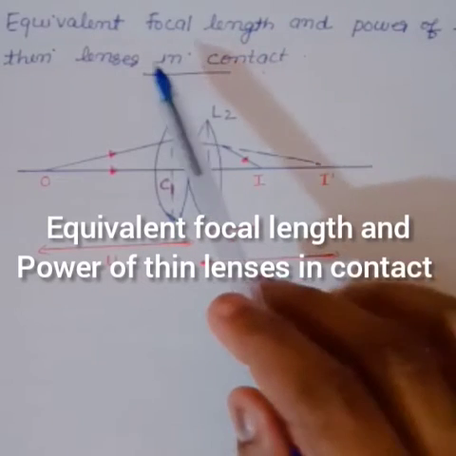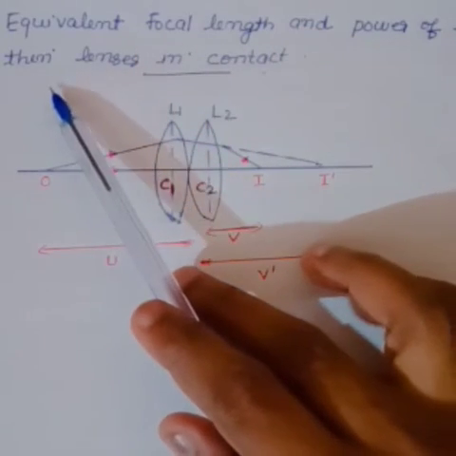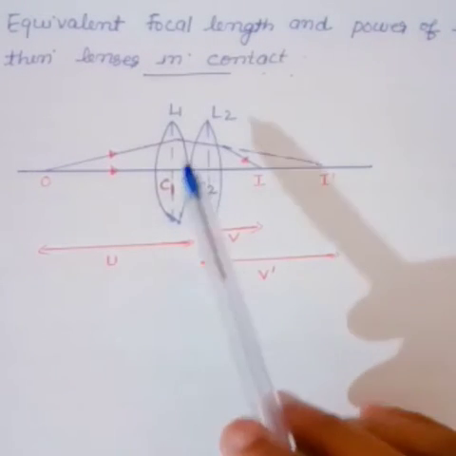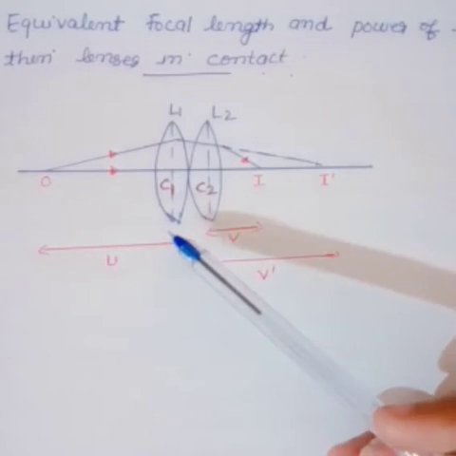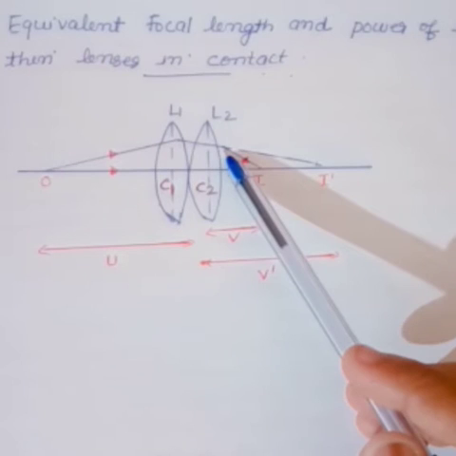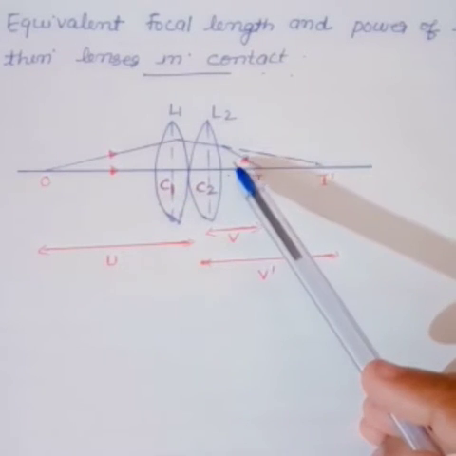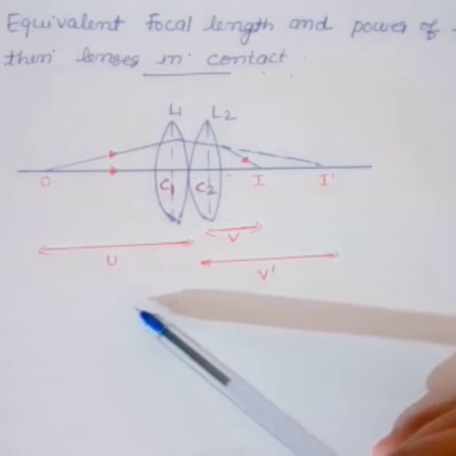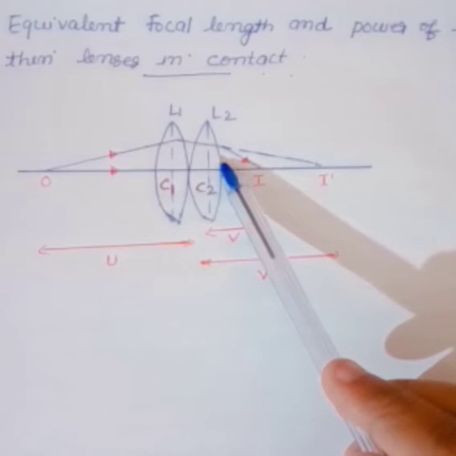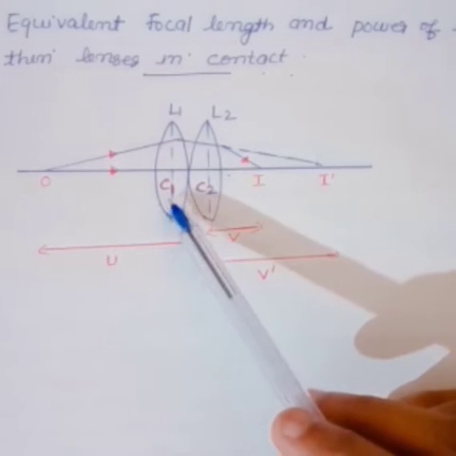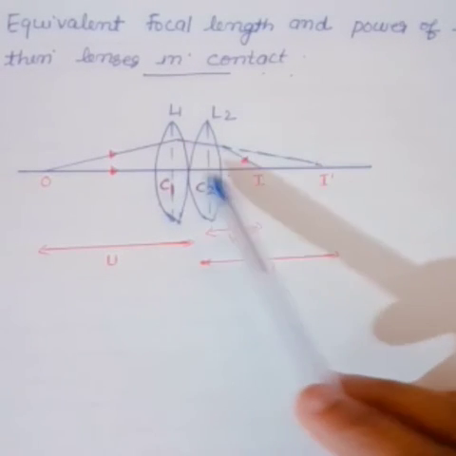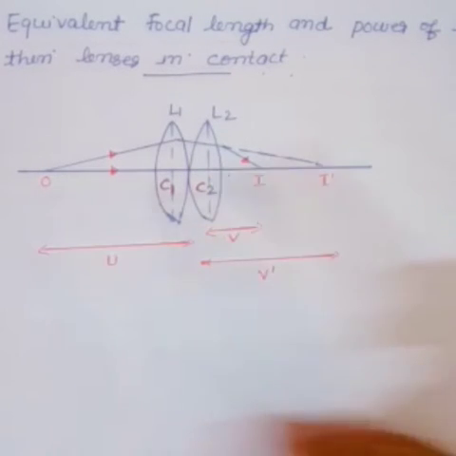The next topic is equivalent focal length and power of two thin lenses in contact. You have to find the equivalent focal length when two or more lenses come in contact. Here I am considering only two lenses, L1 and L2. Let L1 and L2 be two thin lenses of focal lengths f1 and f2 respectively, placed coaxially in contact with one another.